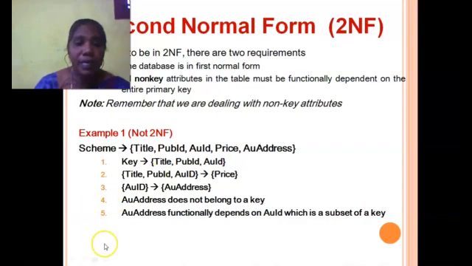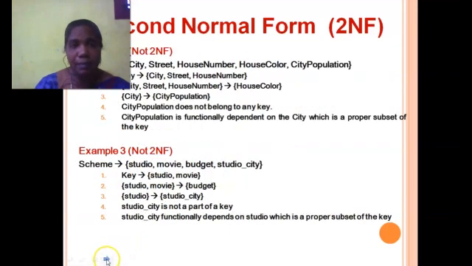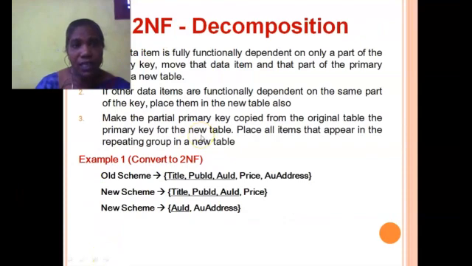So it needs decomposition of that table. These are all examples of a table not in second normal form. So this table is not in the second normal form, so we can decompose the table.